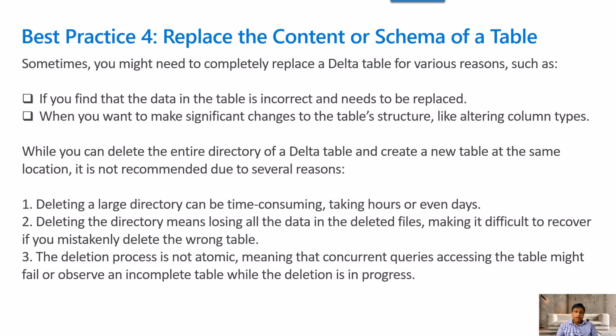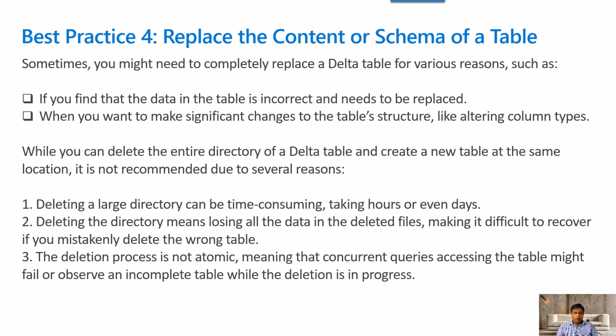Take an example: the employee table used to have only two columns, employee first name and last name, but now you want to add other columns called age and date of birth. So then you definitely need to change the content or schema of the table and replace it with a new schema which contains the extra two columns. But what are the challenges with this?